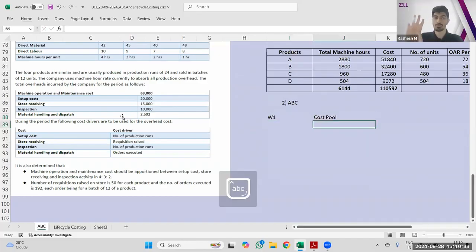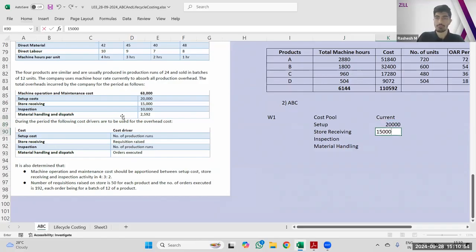Basically we have 4 cost pools. We have setup, store receiving, we have inspection, and we have material handling. Their costs are given to us in the question as, let me say, current cost as 20,000, 15,000, 10,000, and 2,592.